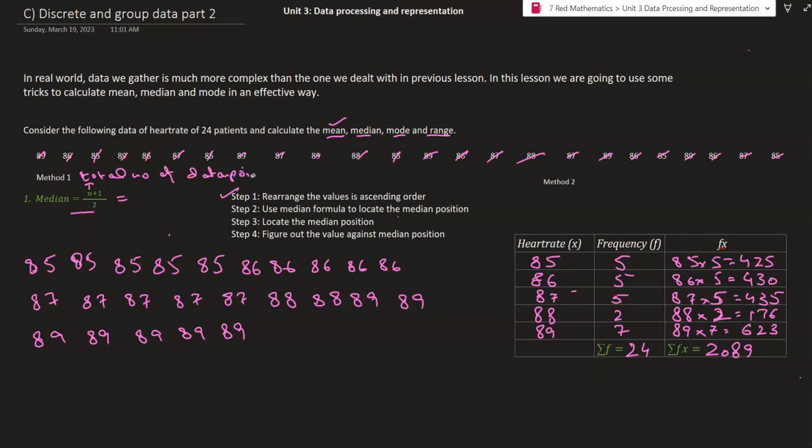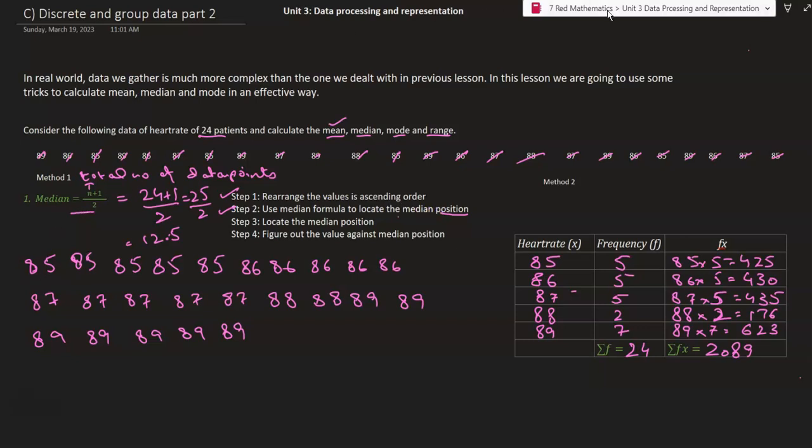We have 24 patients, so 24 data points. 24 plus 1 divided by 2 gives us 25 divided by 2, which is 12.5. We have used the formula to find the median position, not the value. You have to be very clear that this formula gives us the position.